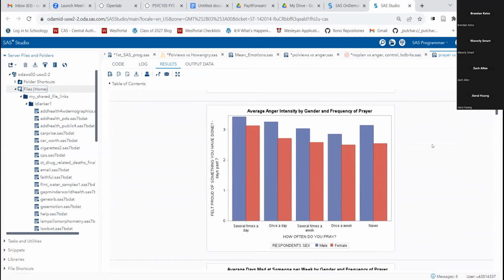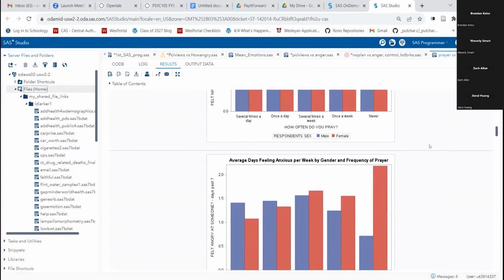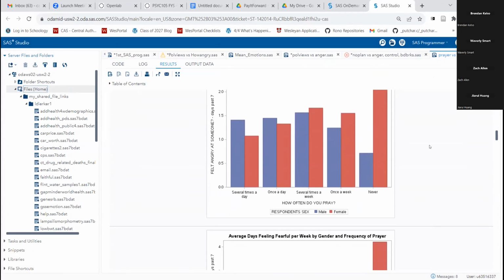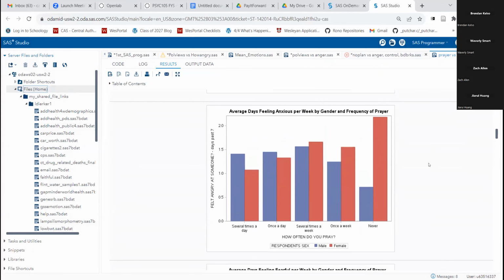The correlation that was interesting for me was feeling angry at someone and women who had never prayed versus women who pray several times a day. It looks like the less you pray, if you're a female, the more angry you are, but that's not true for men.